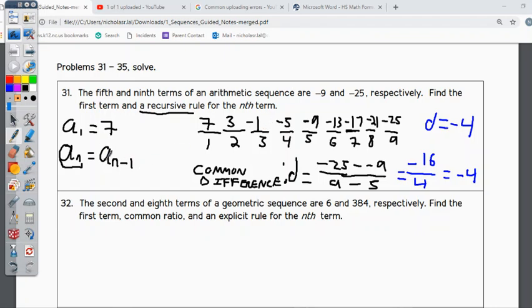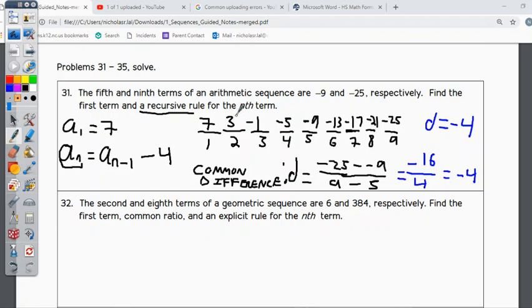So any term AN is going to be equal to AN minus 1 plus or minus what? Is it AN minus 1 plus 2? AN minus 1 times 4? Minus 4, very good. All this is saying is that each term is equal to the previous term minus 4.